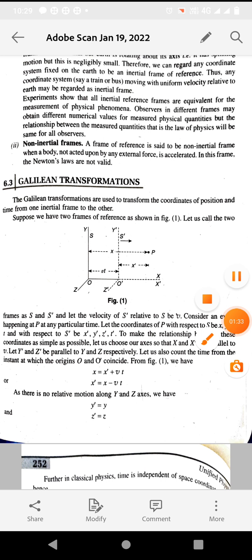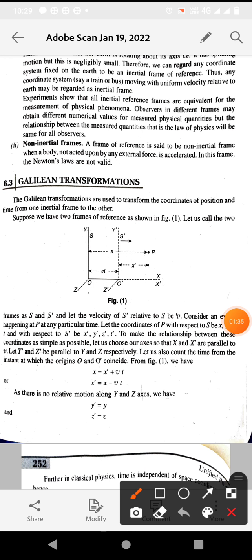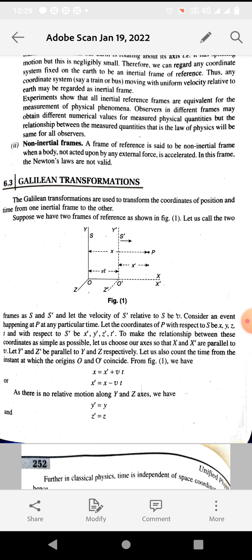See here, Galilean transformations are used to transform the coordinates of position and time from one inertial frame to another. Suppose we consider S is an inertial frame whose coordinates are x, y, z.